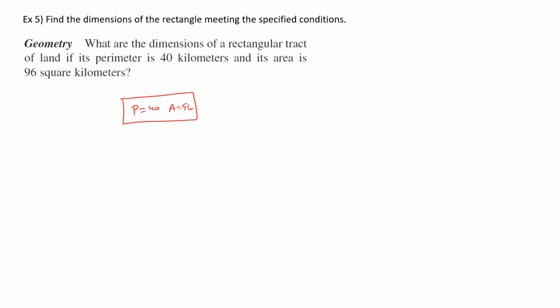You've got a perimeter formula, and you have an area formula. And I got two different dimensions. Two different equations here. So I got 40 over here, 2L plus 2W. This one will be 96. Now it's L times W.